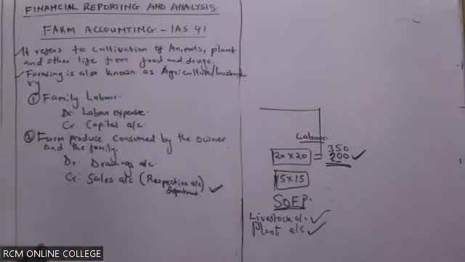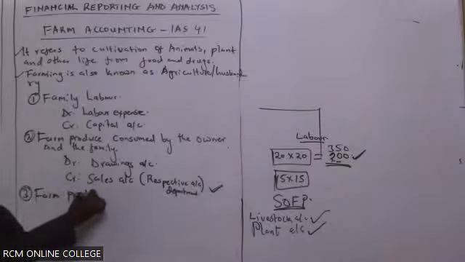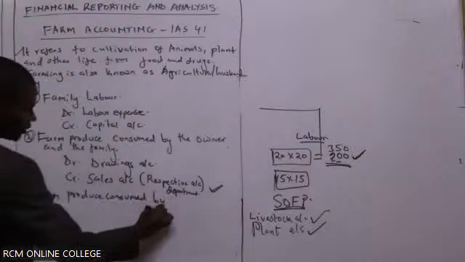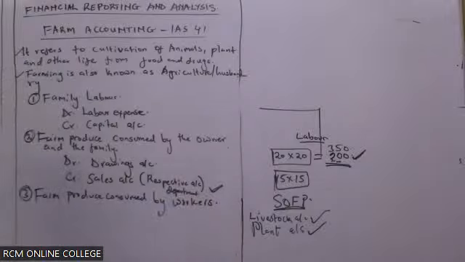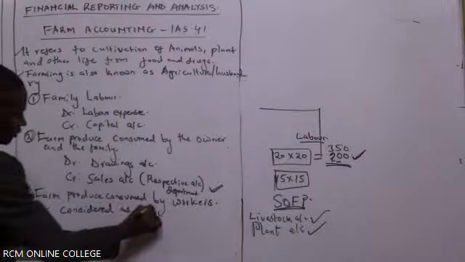Number 3, farm produce consumed by workers. Sasa hapa umepatia workers. So you say that it's considered as sales, and as a labor expense.